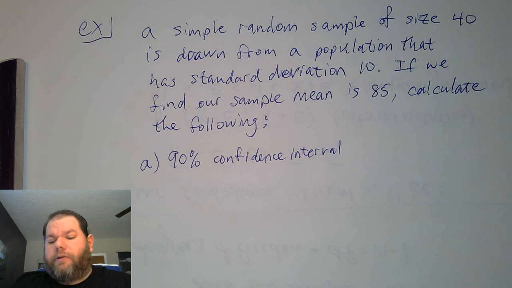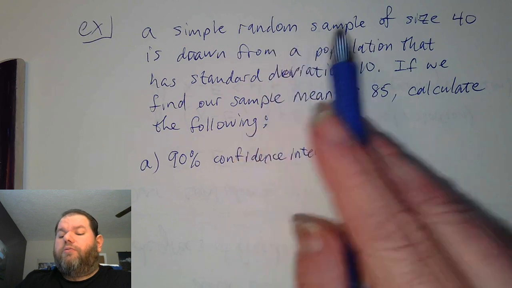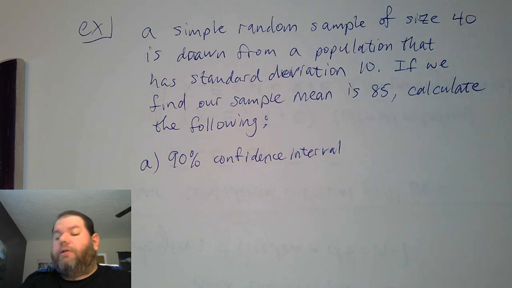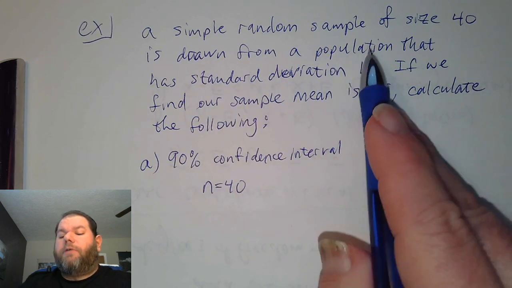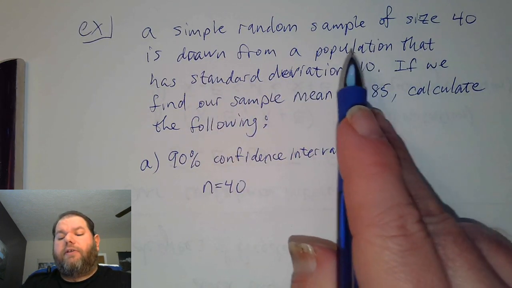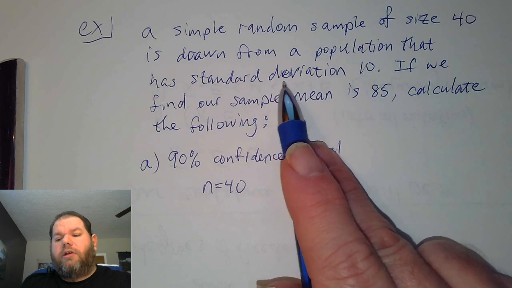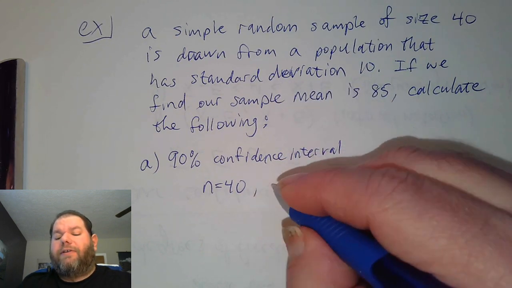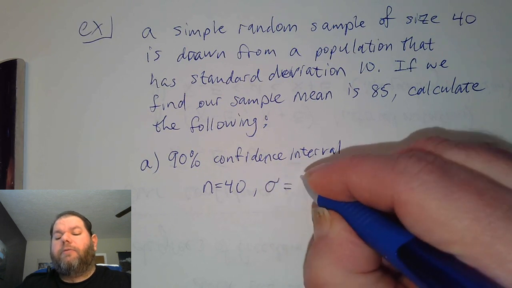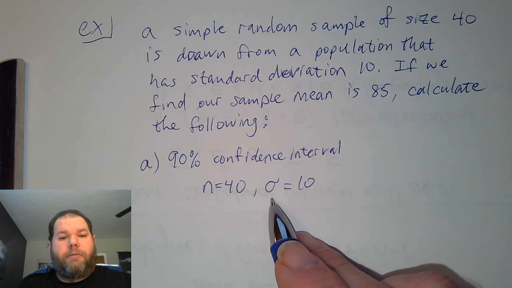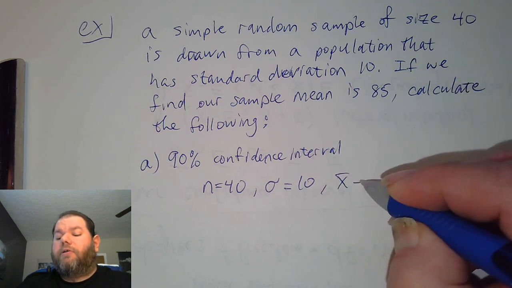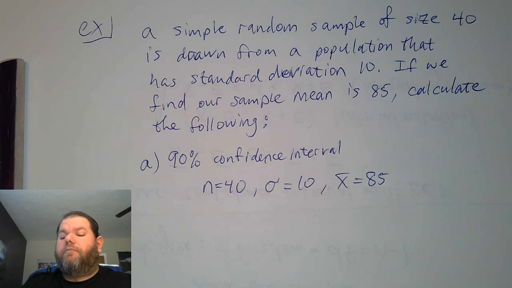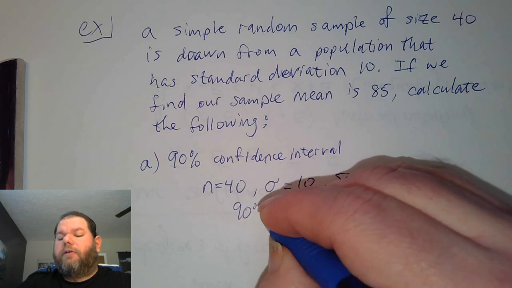Alright, now we know our sample is size 40, so n is 40. It's drawn from a population that has a standard deviation 10, so that's a population standard deviation, and it's important that we know this is sigma equals 10, so we are working with a population value, and we have a sample mean x bar of 85, and we have 90% confidence.